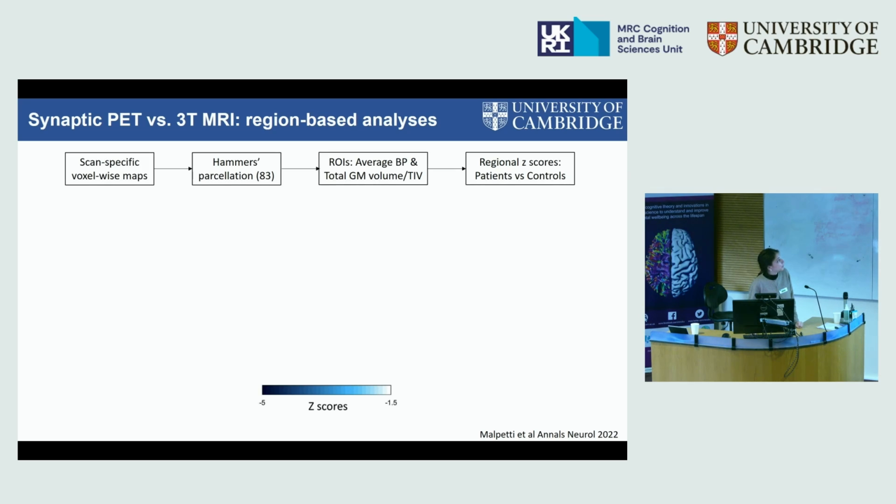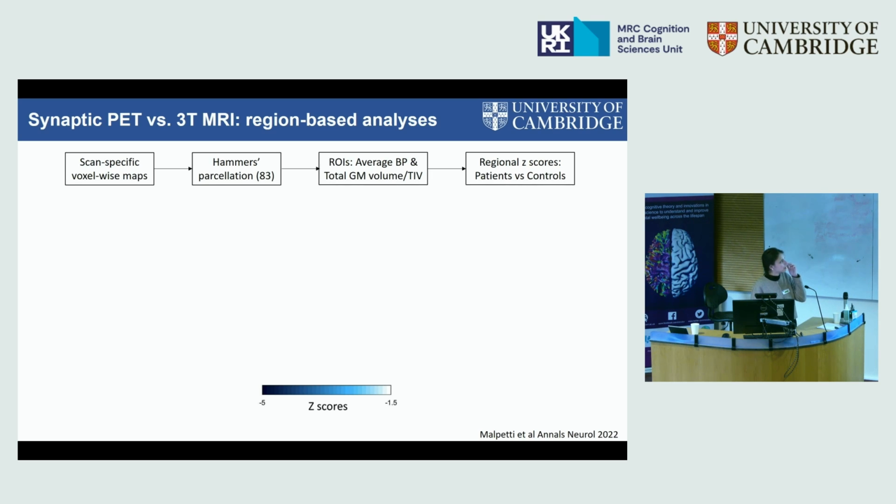Then, to be sure, we also applied a region-based analysis. We used the scan-specific voxel-wise maps and applied the Hammers parcellation, which involves 83 regions across the whole brain. In each region, we extracted the average binding potential, so the PET signal, and the total gray matter volume, corrected for total intracranial volume.